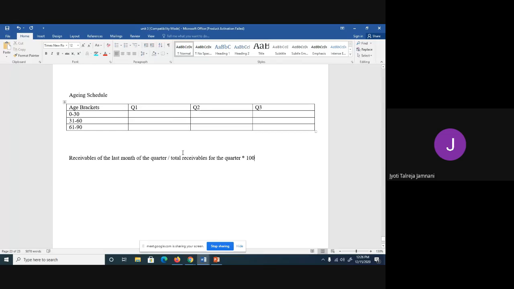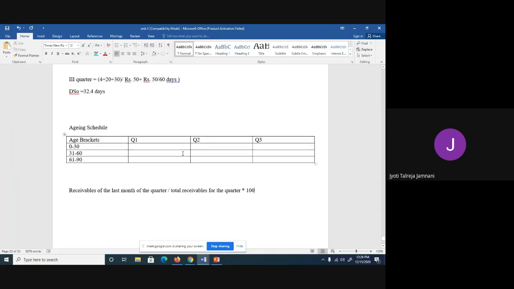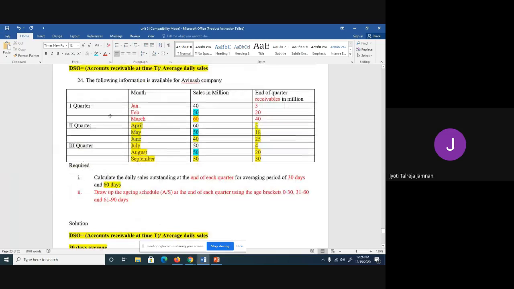Okay, so let's start. First, I'm going for 0 to 30 days. I'll go to the receivables. It is 3 plus 20 plus 40. Now, the last month of the quarter is March. So I am going to take receivables of the last month of the quarter, which is 40, divided by total receivables of the quarter, which is 40 plus 20 plus 3, which comes to 63.